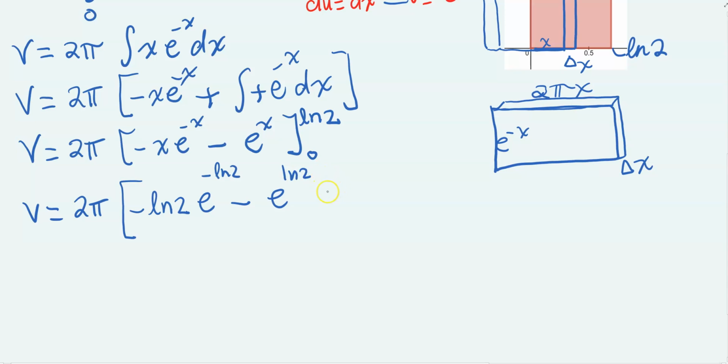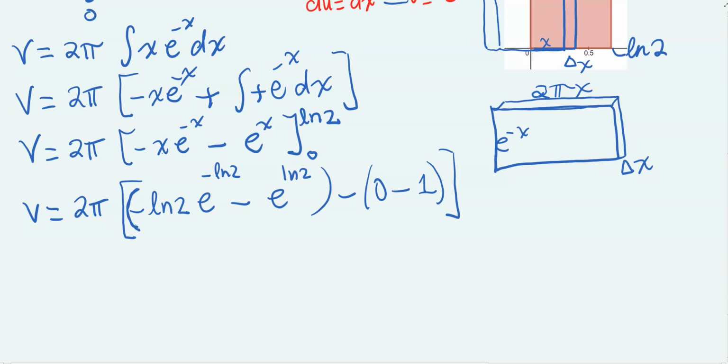Okay, that minus, plug in 0, I have e to the 0 power is 1 times 0 is 0, minus, plug into the second term, e to the 0 power is 1. Okay, now this kind of looks complicated, but don't worry, we have a trick.